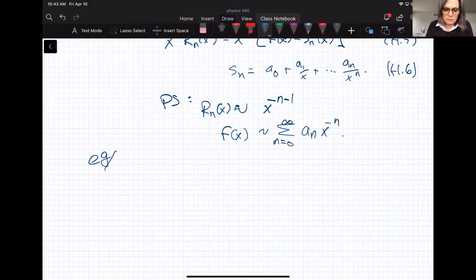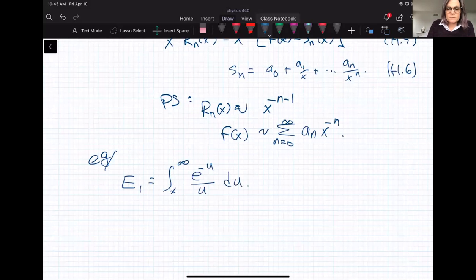It's E1. So E1, let's see how I'm going to write this, we can write as the integral from x to infinity of e to the minus u over u du. And the question is, how do we represent that?